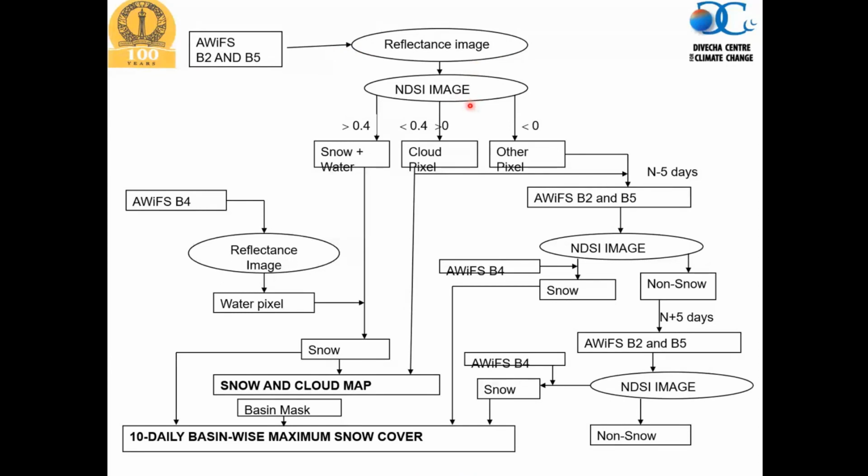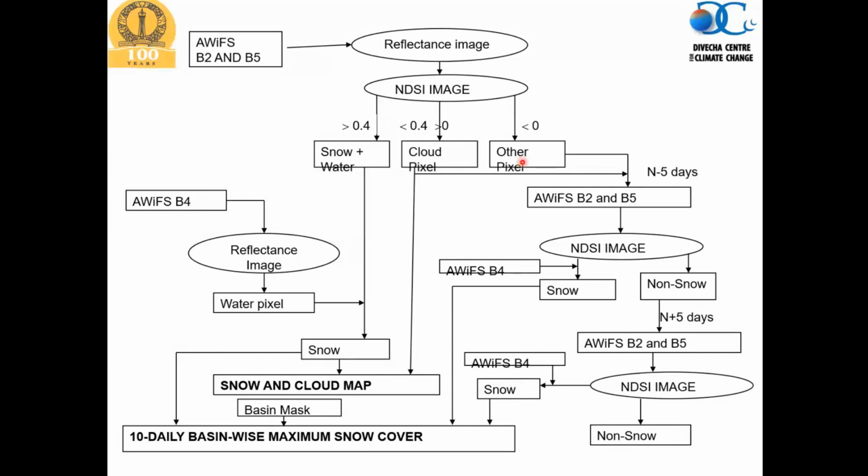And if it is greater than 0.4, then it goes as snow and water, correct? Then if it is less than 0.4, it is a cloud pixel, and between 0.4 and 0, and if it is less than 0, then it is other pixels.